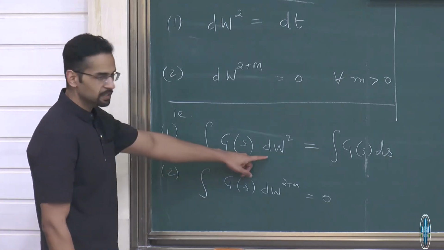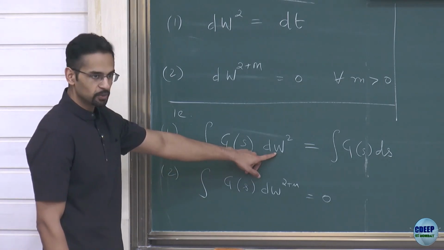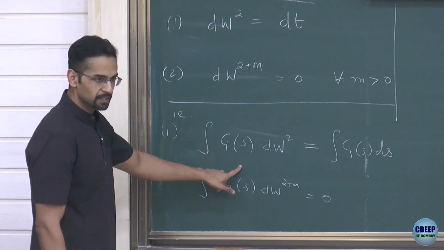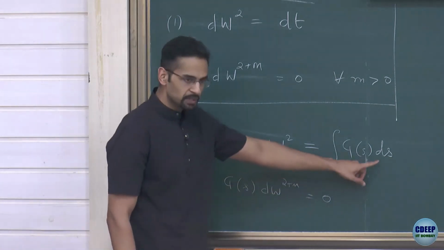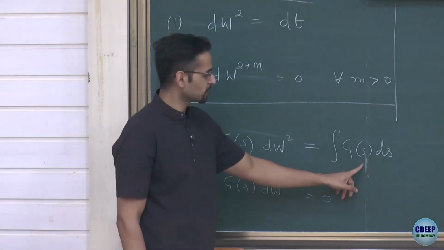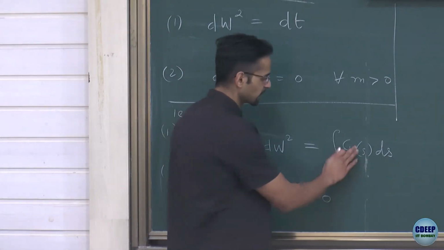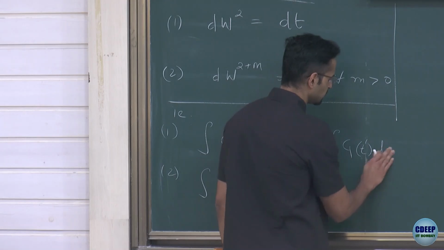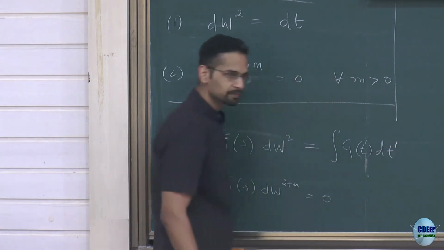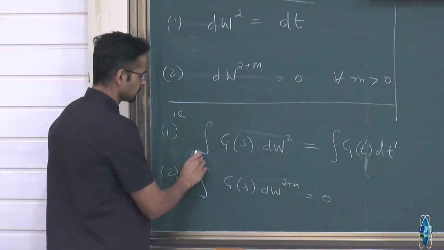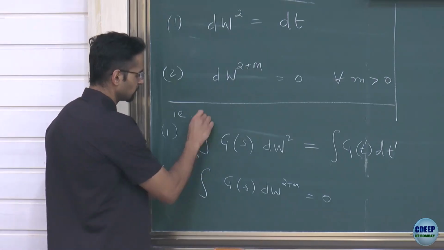This means if I see such an integral where I have dW squared, this stochastic integral is equal to the following deterministic integral, where s is the integration variable, with time from t0 to t, let's say.